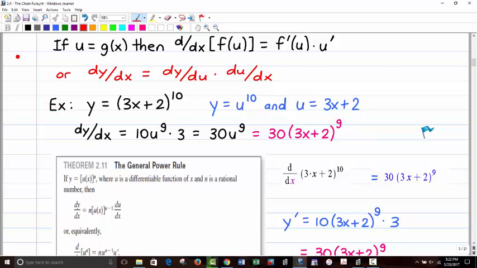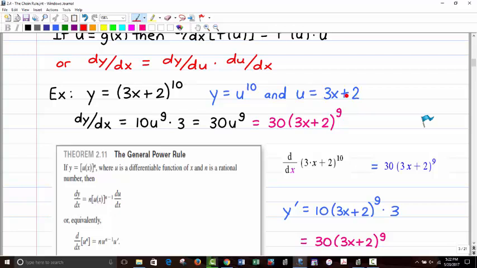So if we take this 3x plus 2, but now raise it to the 10th power. If you let u be 3x plus 2 to define the inside, y would equal u to the 10th. And then you take the derivative of that. You take dy du, which is 10u to the 9th, the derivative of y with respect to u, and then the derivative of u with respect to x.